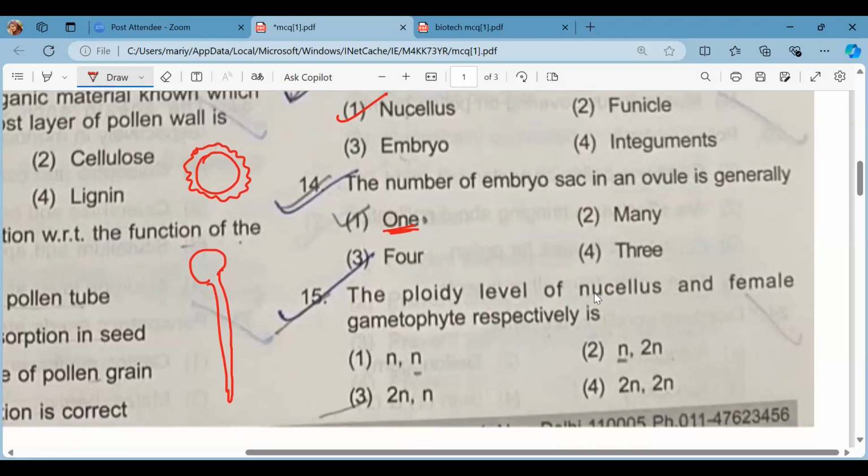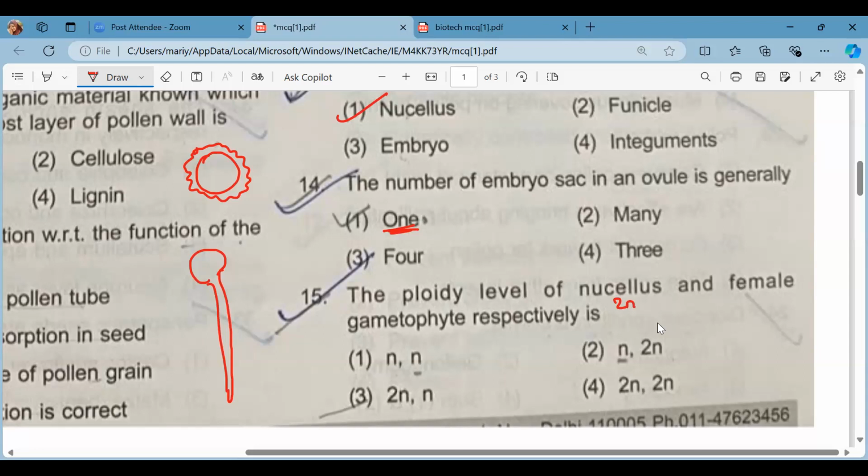Now the ploidy level of nucellus and female gametophyte. I don't remember this one. It's okay. When we talk about the nucellus, since it is the nutritive tissue, nucellus is 2n. And female gametophyte, meaning the female gamete, what will it be?